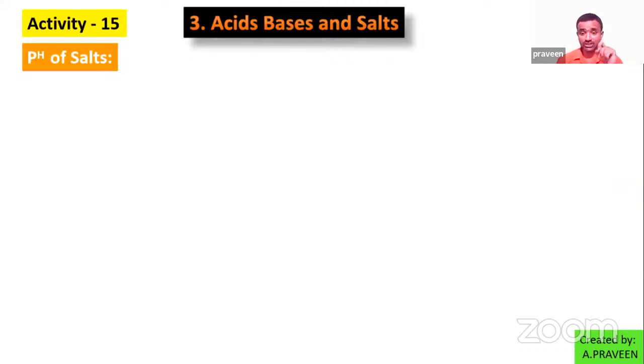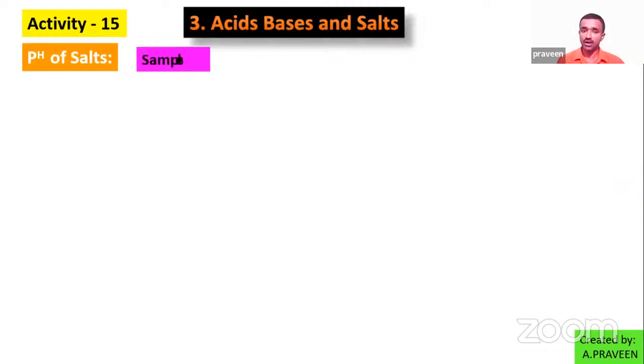Here we can use a pH scale or pH paper to find the pH of the salts. So you need to collect the samples from the laboratory. They are called salts.